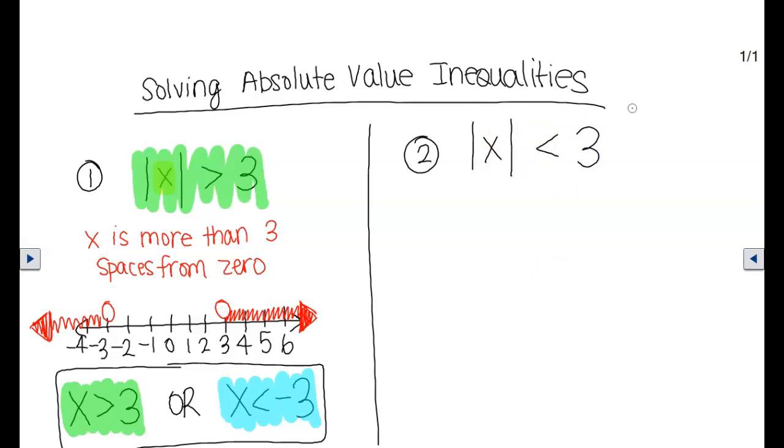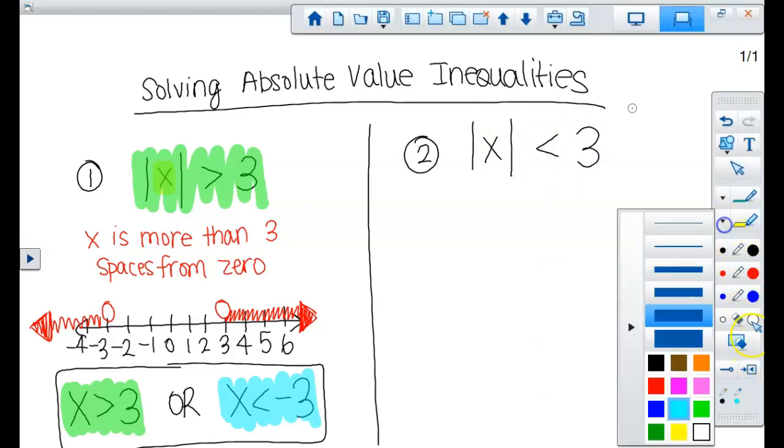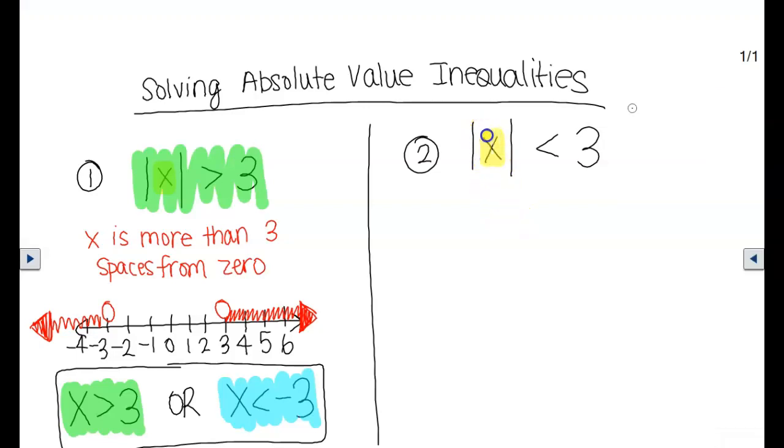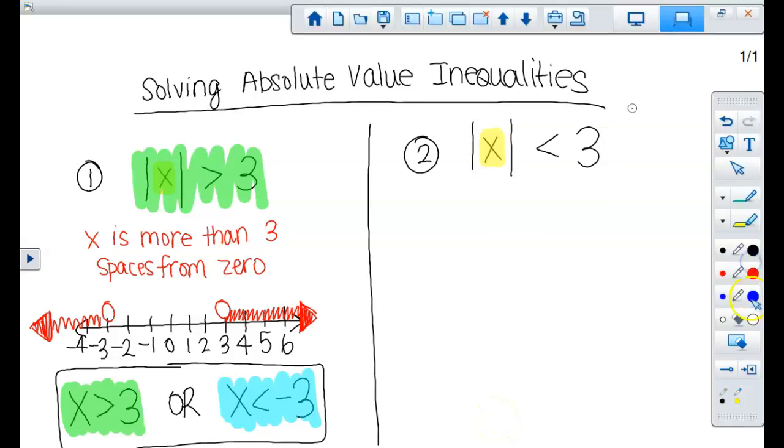So two pretty simple problems here to get us started. Now, what am I taking the absolute value of? Well, I'm taking the absolute value of x. And what does this problem tell me about x? Well, if I take the absolute value of x, it is less than 3. Now, this absolute value right here is a distance, so this is saying the distance is less than 3.